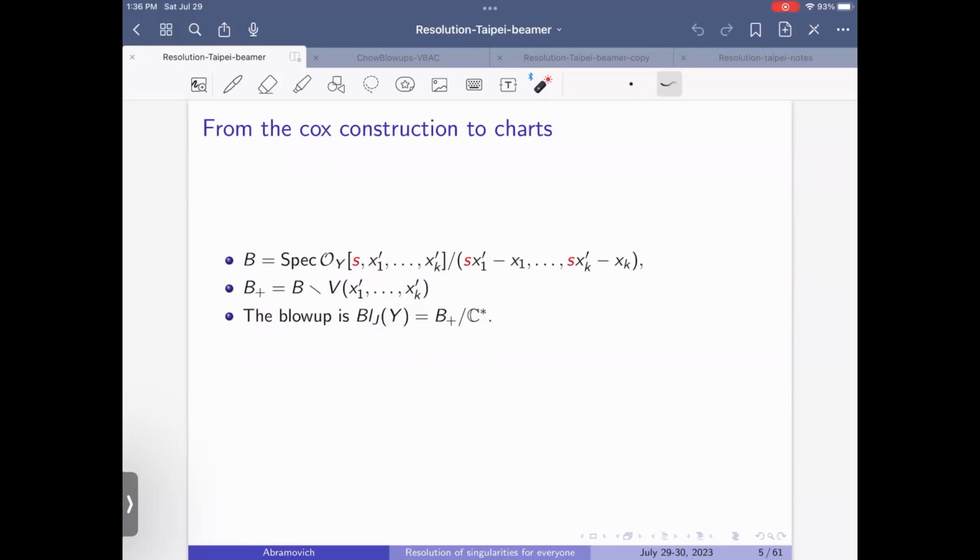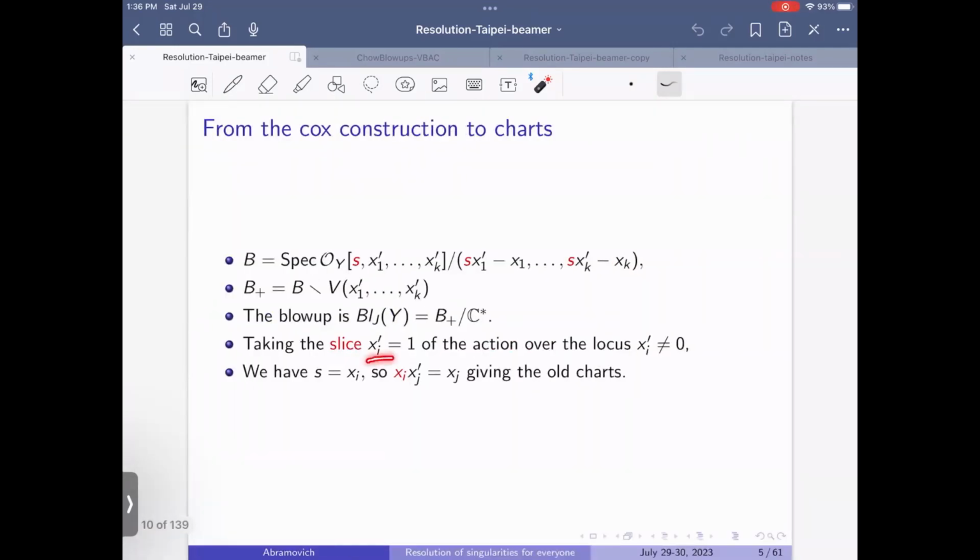If I want to go to charts, I want to declare one of the transformed variables to be 1. I want to take a slice of the C star action. So let's say I declare xi prime to be 1.